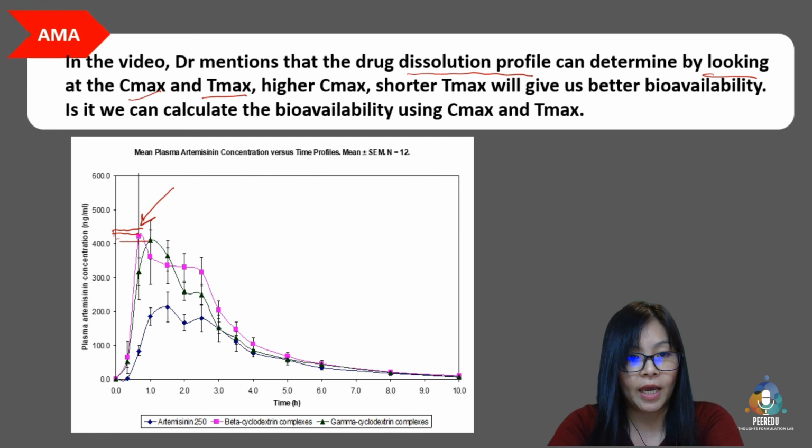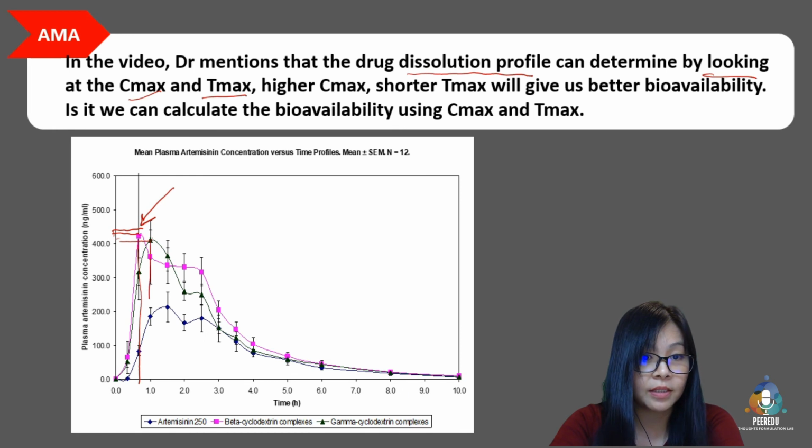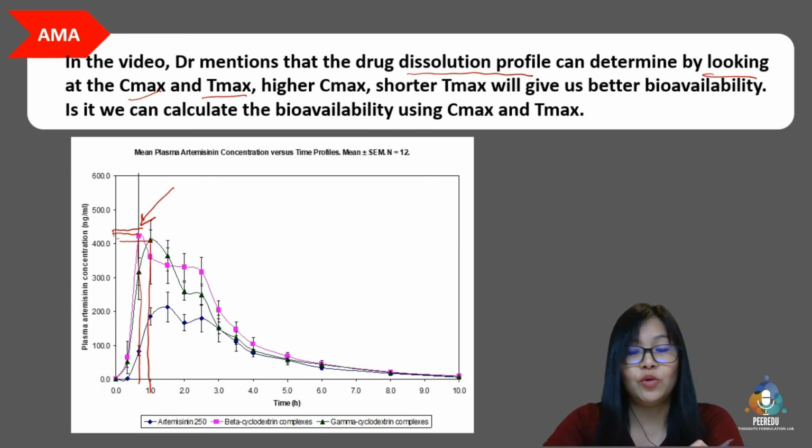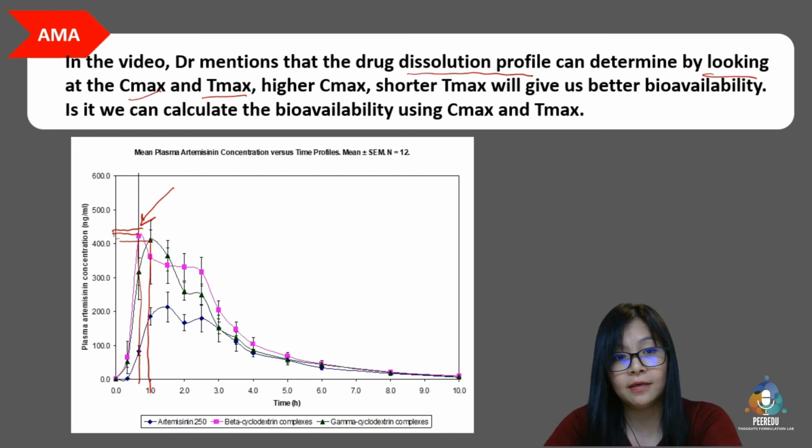Tmax for beta is actually less than 1 hour, but for gamma it is exactly 1 hour. You can only estimate, you cannot really determine the real number.